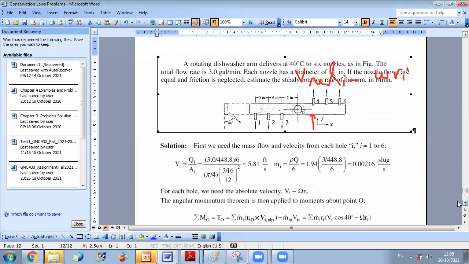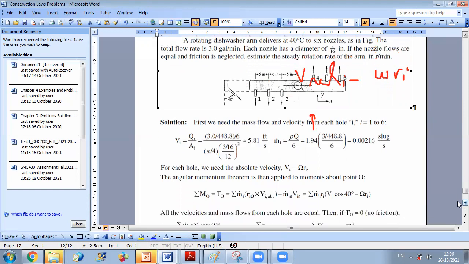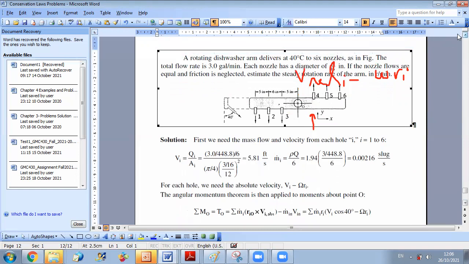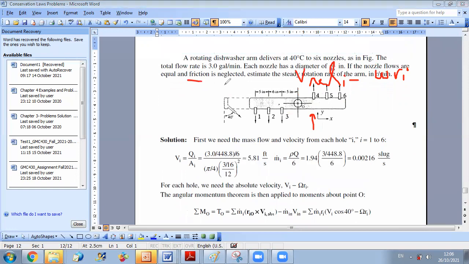The angular momentum theorem applied to my system about O will give the following: sum of moments about O equals the total torque about O. But here, the given says there is no friction, and I have a support at O, so forces applied at O cannot create any moments about O. So there are no external moments about O, and the sum of moments about O is equal to 0.